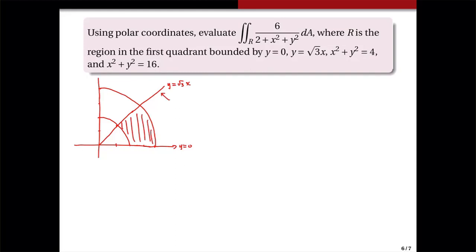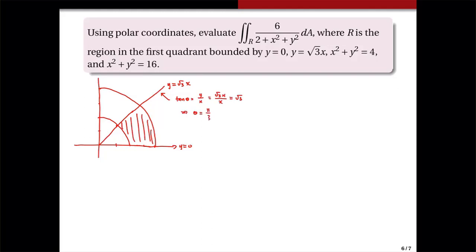What is this line in polar coordinates? We have tangent theta equals y over x, but y is square root of 3x over x. So this is square root of 3. This means that theta is equal to pi over 3.